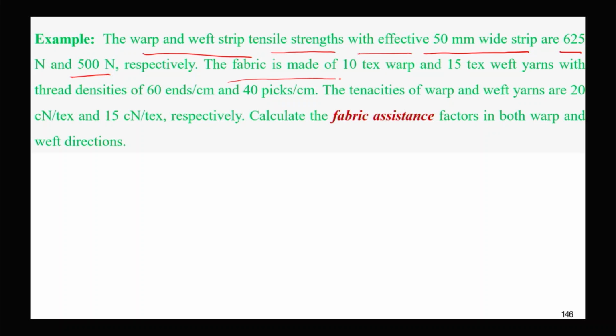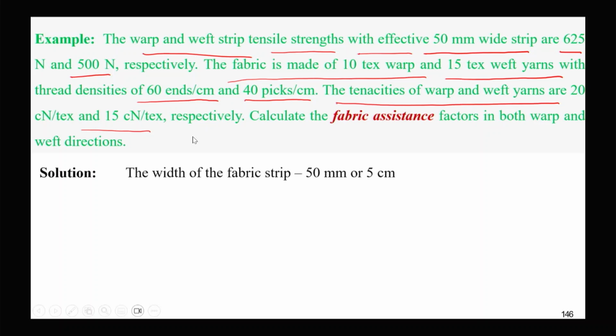The fabric is made of 10 tex warp and 15 tex weft yarn with thread densities of 60 ends per centimeter and 40 picks per centimeter. The tenacities of warp and weft yarn are 20 centinewton per tex and 15 centinewton per tex respectively. Calculate the fabric assistance factors for both warp and weft.